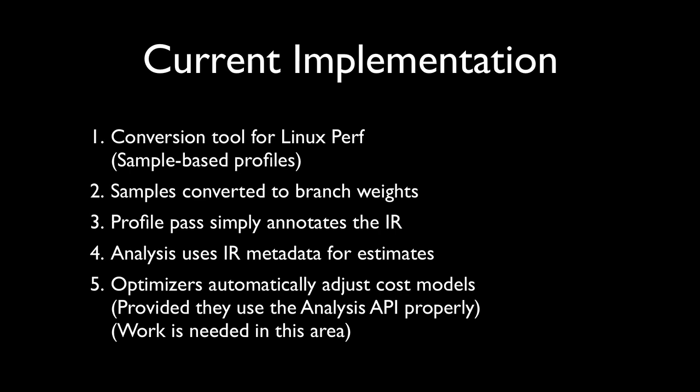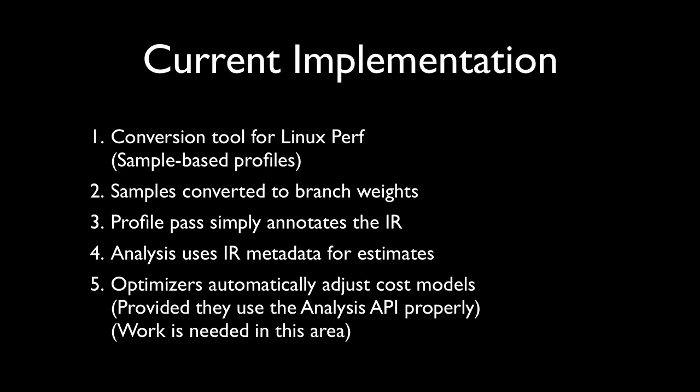Currently, we have an implementation using Linux perf that takes the sample-based profiles and converts them into a format that LLVM can read. The scalar pass that I wrote converts these samples into branch weights, and then the analysis routines use them, so we generate this IR metadata for branch weights, and then the optimizers use it.